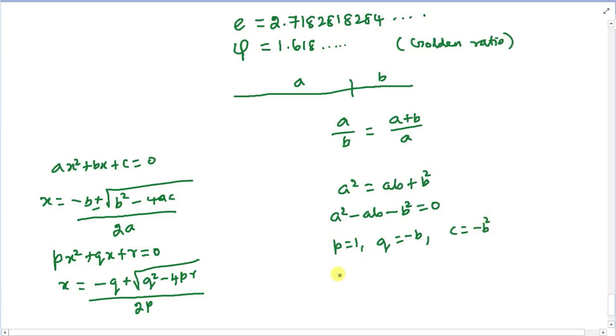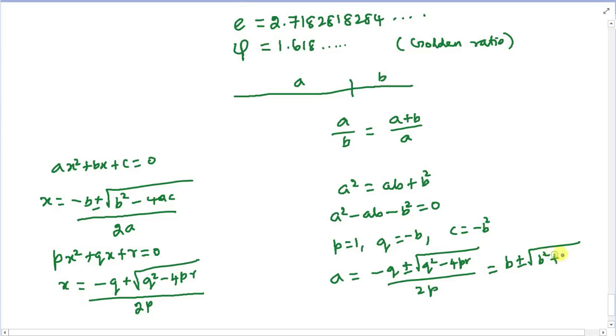So what are the roots of A? A are given as minus q plus or minus root over q square minus 4pr by 2p. So q is minus B, minus of minus B is plus B, and q square is B square minus 4 into 1 into minus B square, plus 4B square, by 2 into 1.